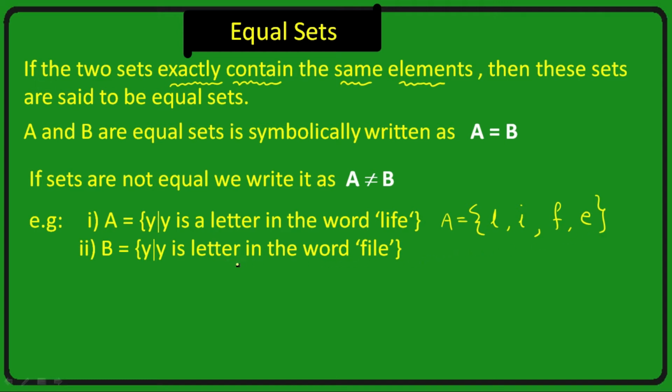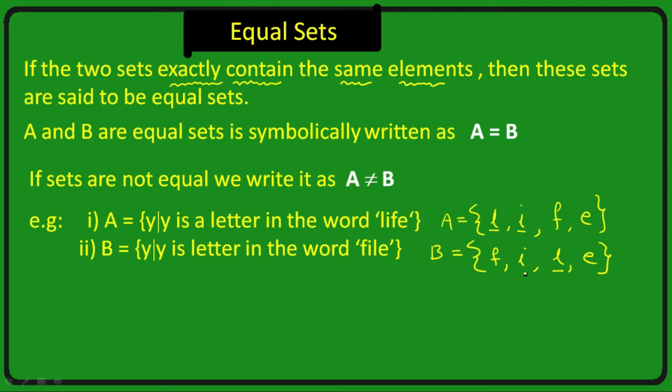Now let us write the second set B by the listing method. Which letters are there? F, then I, then L, and then E. So observe the sets A and B. In the set A there is the letter L, and in B there is also the letter L. Means they contain the same elements.